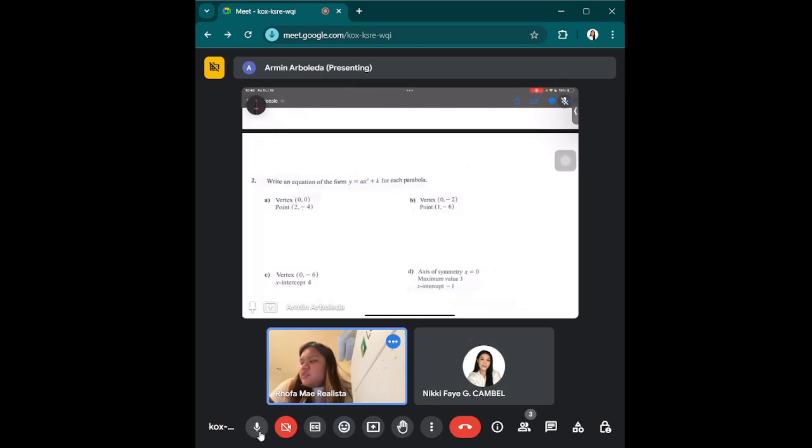So first, what is the standard form? Standard form is again this one. If you have the vertex 0, 0, what's going to be the equation? This is h, this is k. It's going to give us y equals a x squared. That's it, right?